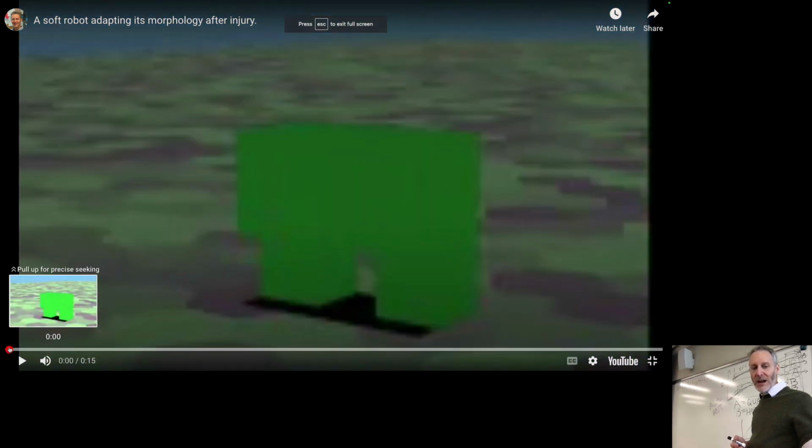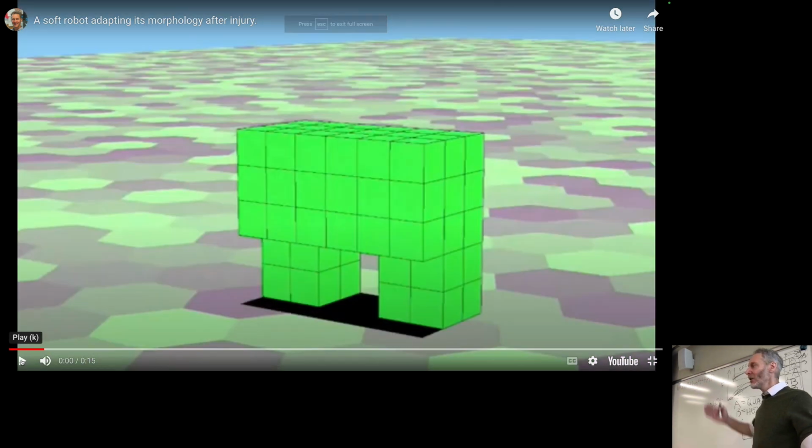Here's a different strategy. In this case, again, we cut off half of the robot's body. After seeing the previous video, we felt pretty confident about what the evolutionary algorithm would do in this case. It would either figure out a way to retrain this controller to get this two-legged robot to move, or it would figure out how to expand some of these voxels to quote-unquote regrow the two legs.